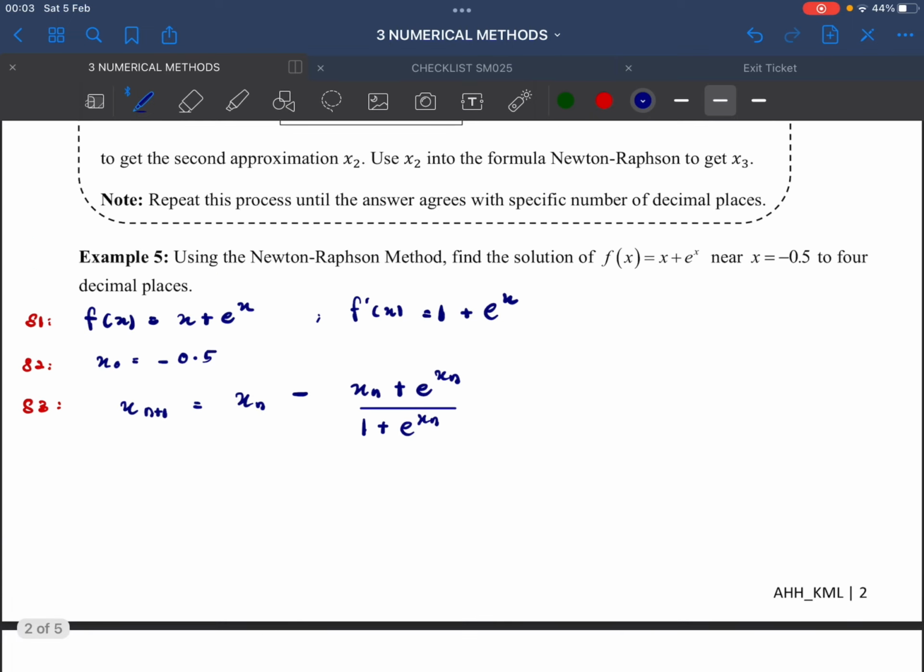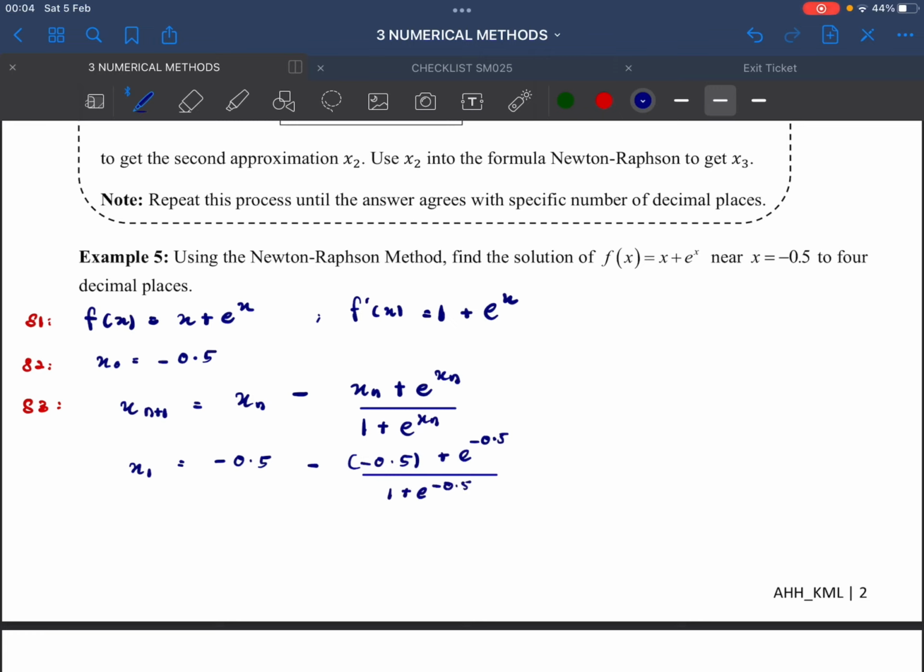So what we are going to do first is substitute the value of x naught. If this is your x naught, that means 0, plus 1, the next one is going to be your x1, equals negative 0.5 minus negative 0.5 plus exponent negative 0.5 over 1 plus exponent negative 0.5.